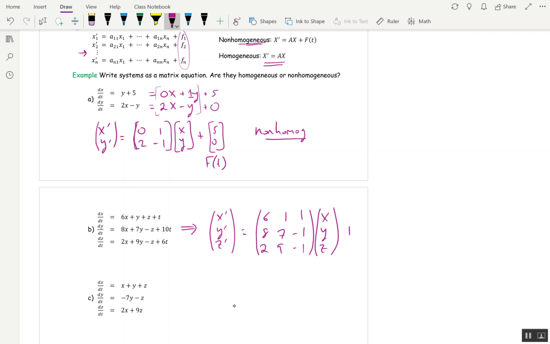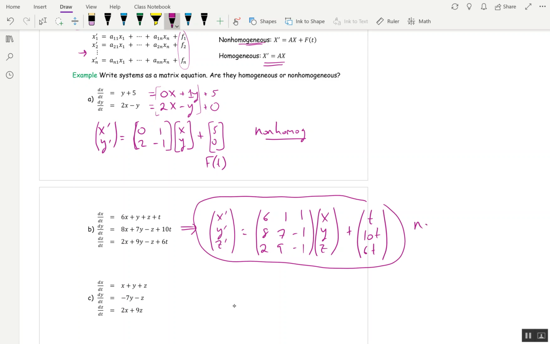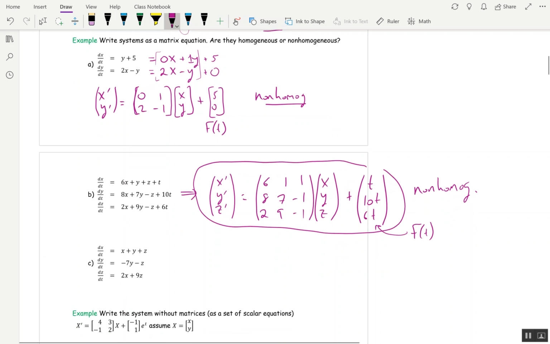And then I add on the part that doesn't involve an x, a y, or a z. That's t, 10t, 6t. All right, and so that's my answer. And this is non-homogeneous because here's my f of t, and it's not the 0 vector. All right, why don't you pause the video and try C yourself.